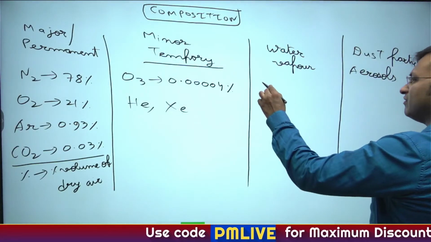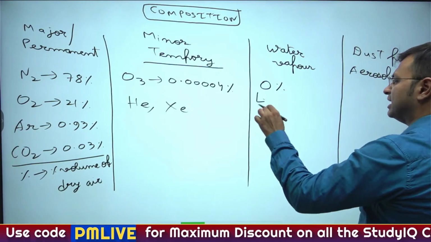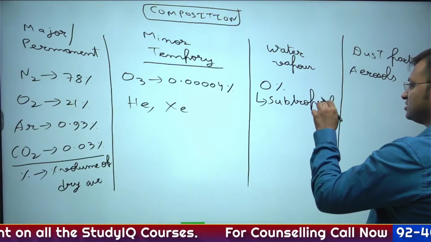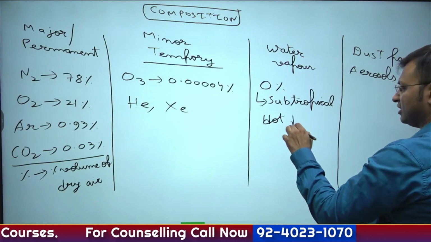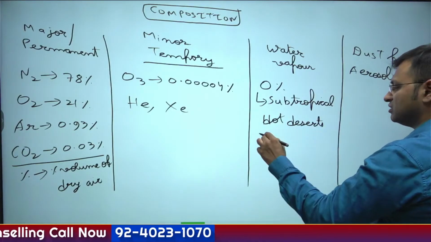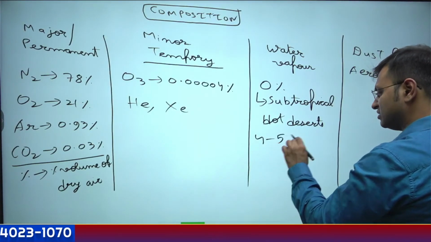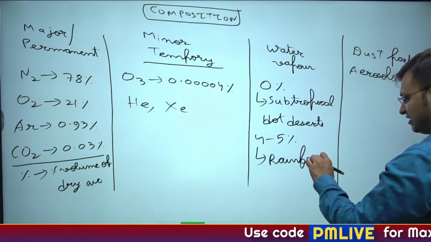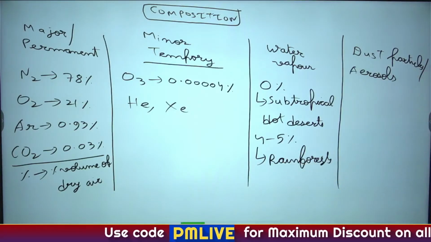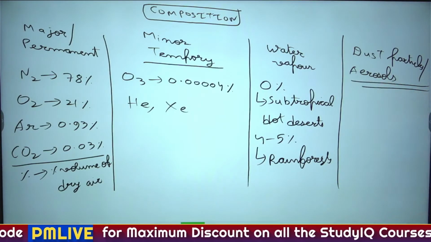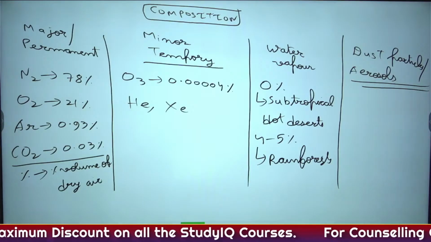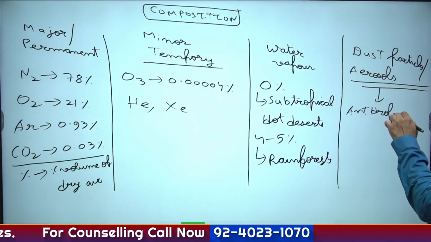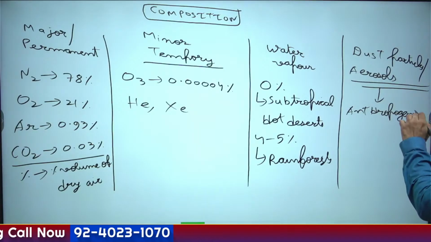Water vapor will be around 0% in the subtropical hot deserts, and in the equatorial rainforest the air will be saturated at close to 4 to 5%. And lastly, dust particles or aerosols will completely depend on anthropogenic activities.